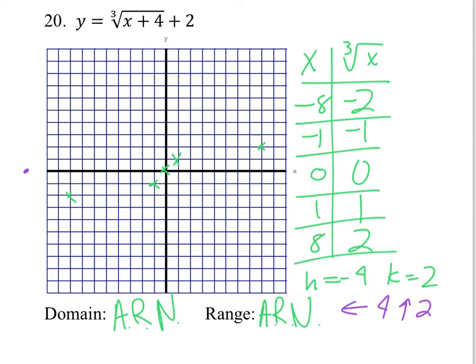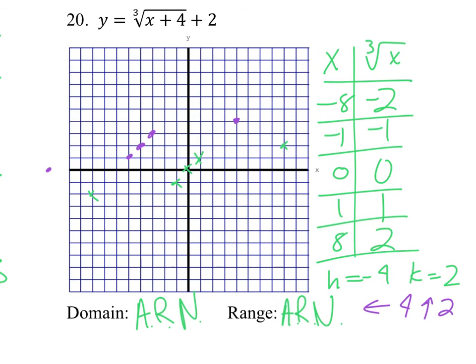So just as a little bit of a guide, that'll be about there. This is that middle point. Those other two right around it are there. And then left 4 up 2 from there as well. Okay. Again, let me pull this a little bit that way.